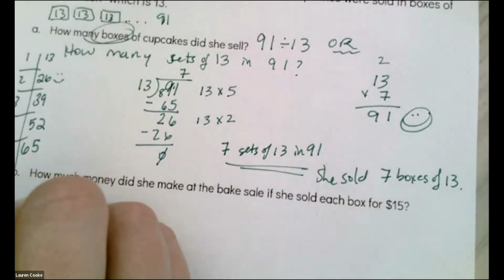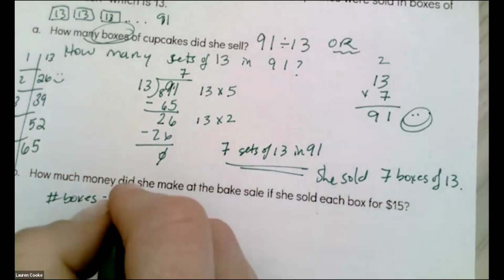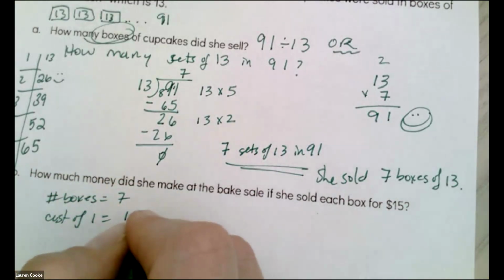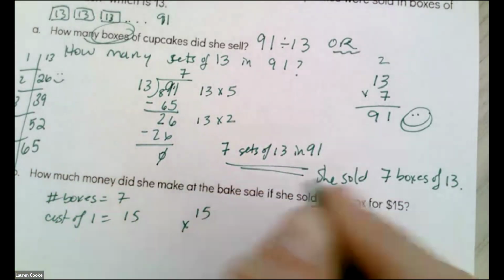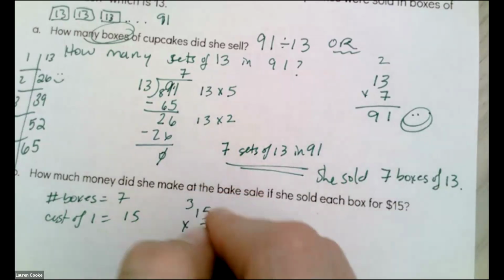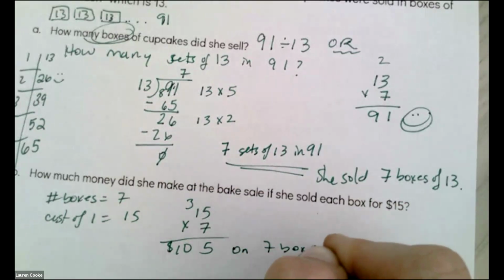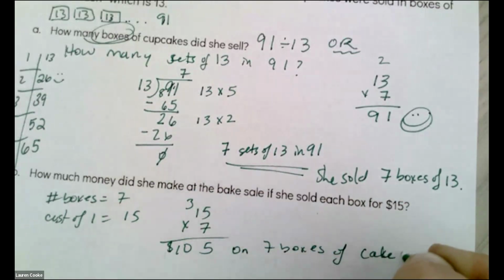Well, if I know the number of boxes, 7, and the cost of 1, 15, that's multiplication. 15 times 7 is 105. So she made $105 on 7 boxes of cupcakes.